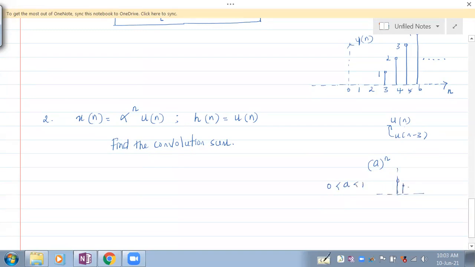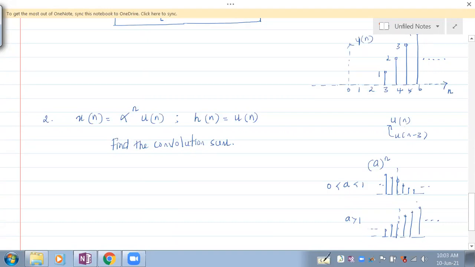So this is how the signal would look like on both sides of 0. So this is your a power n. And if a is greater than 1, it is what? Growing exponential. So if a is greater than 1, such a signal is this, on both sides.